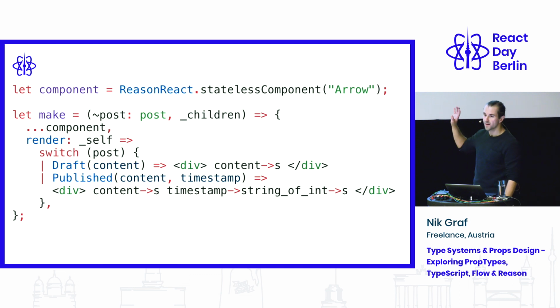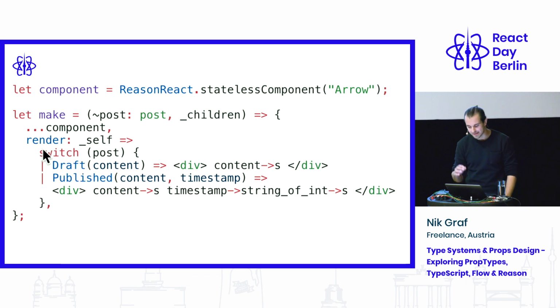Then this might look funky if you're not familiar with Reason, but there's one thing about Reason: I cannot do this on the props directly. I basically have to go right away to this design where I only accept the post, because we don't get an object in Reason. We only get labeled arguments, like named arguments, parameters actually.